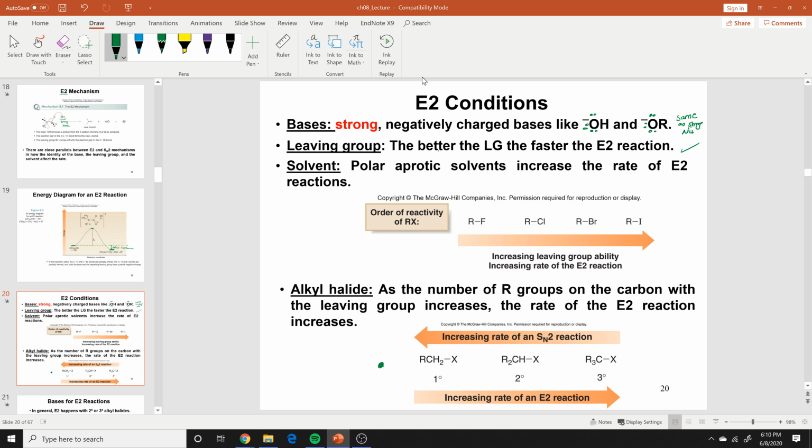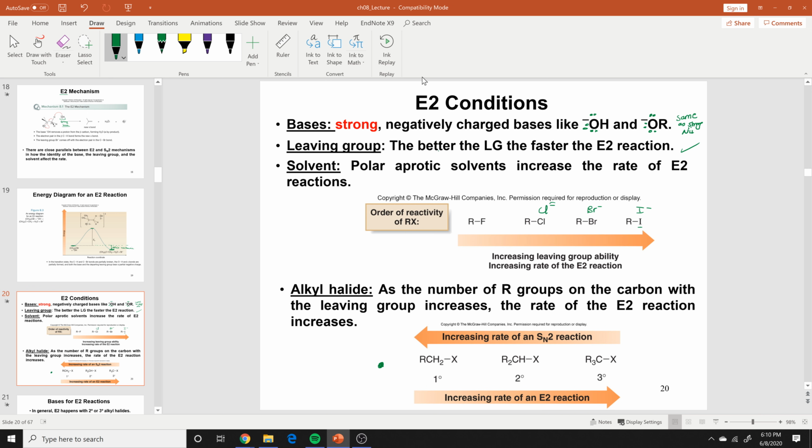Now, with respect to the leaving groups, as we mentioned, we're still on the same idea. The weaker the base, the better the leaving group. I- is a weaker base than Br-, because I- comes from a strong acid, which is hydrogen iodide.